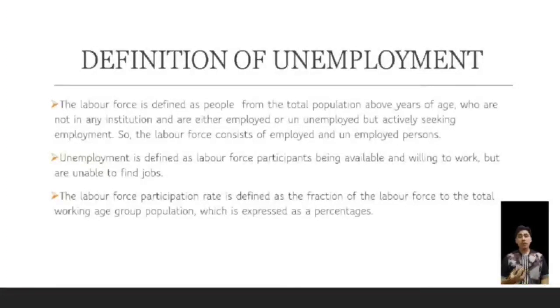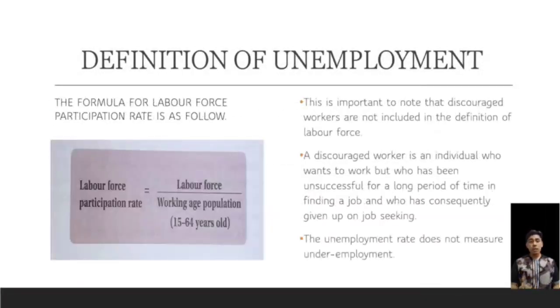The labor force participation rate is defined as the fraction of the labor force to the total working age group population, which is expressed as a percentage. Formula for labor force participation rate is as follows in the picture. It is important to note that discouraged workers are not included in the definition of labor force.